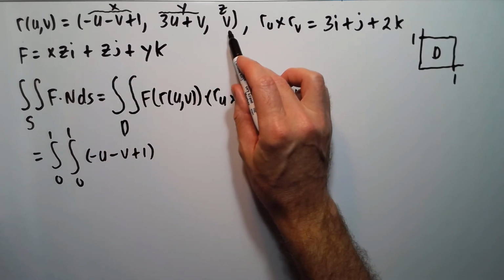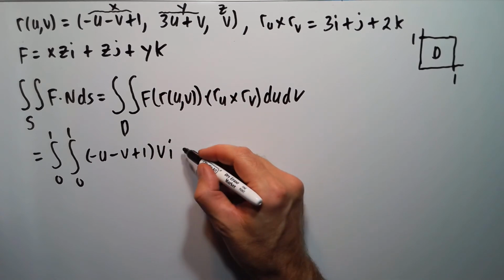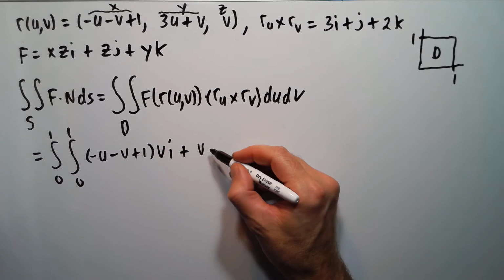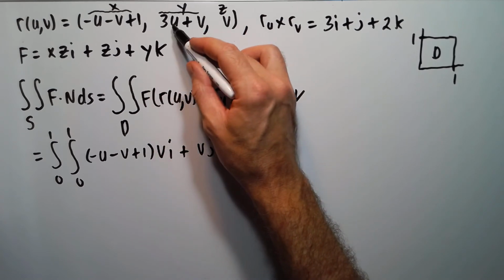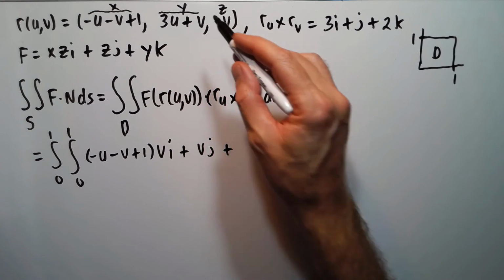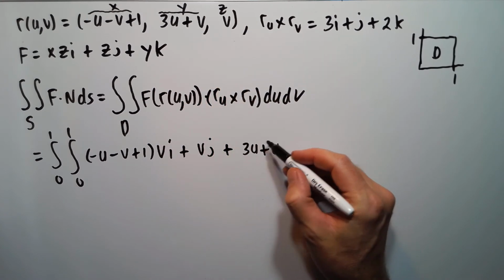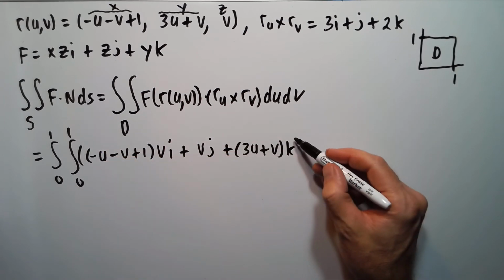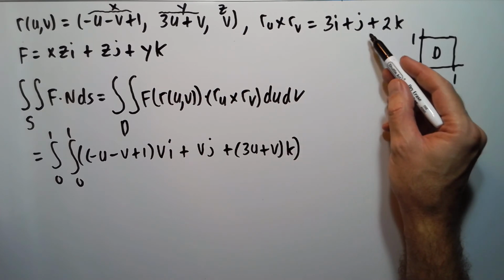Z here is my v. That'll be the i direction, plus z, and z here is v, so it'll be v j, plus y. Y here is 3u plus v, 3u plus v, k direction. Dot it with our R_u cross R_v, which is 3i plus j plus 2k.